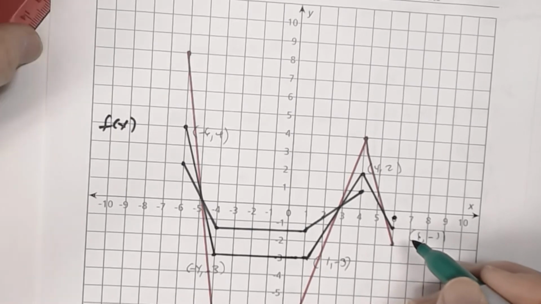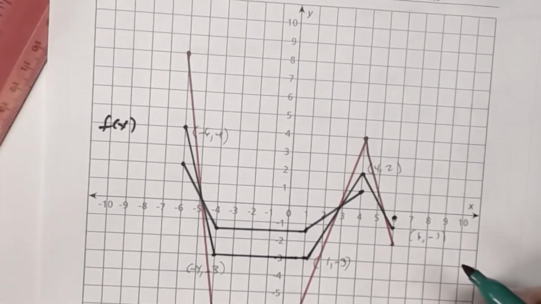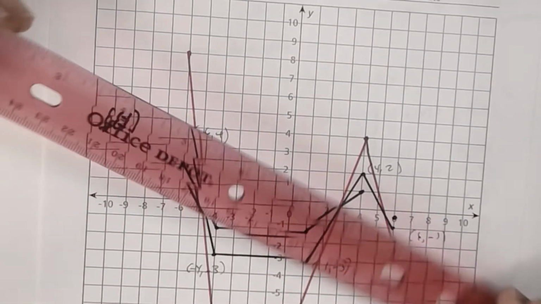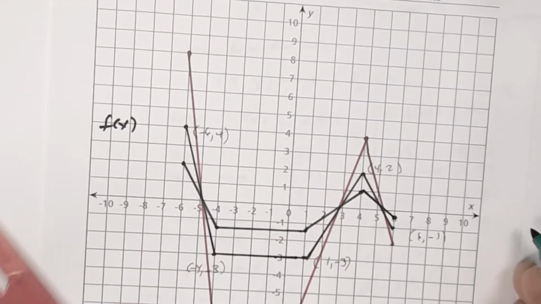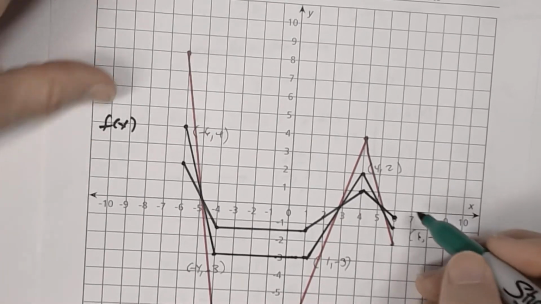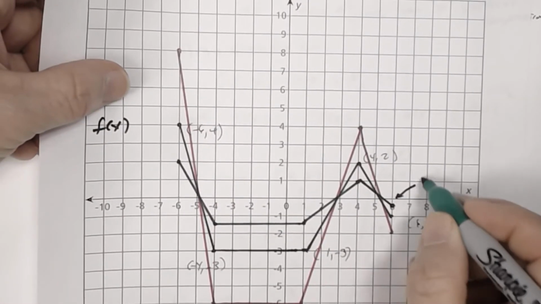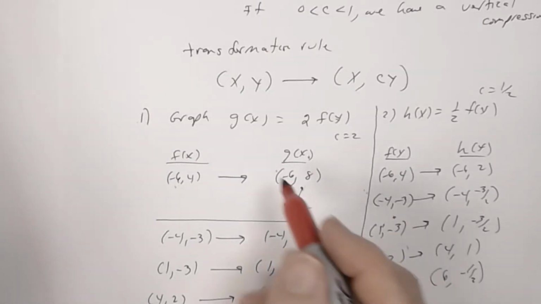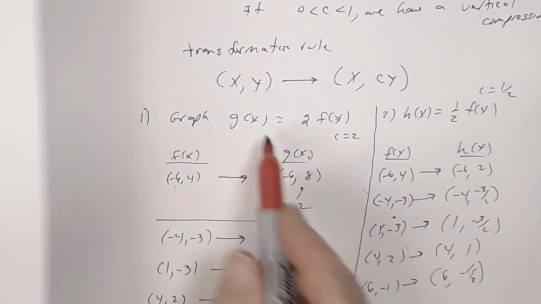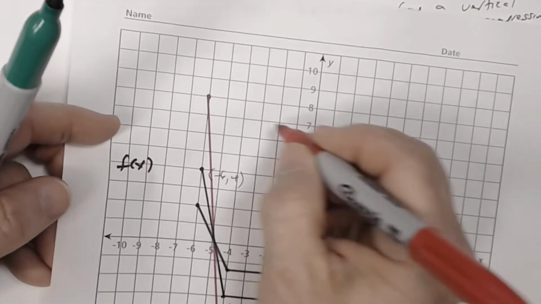Okay? And so this is h of x here, the green graph. And the red graph was, I think we called it g of x. So the red was g of x.